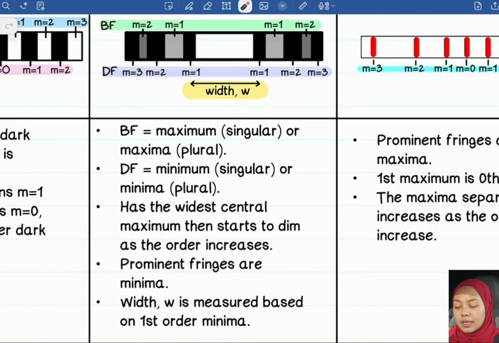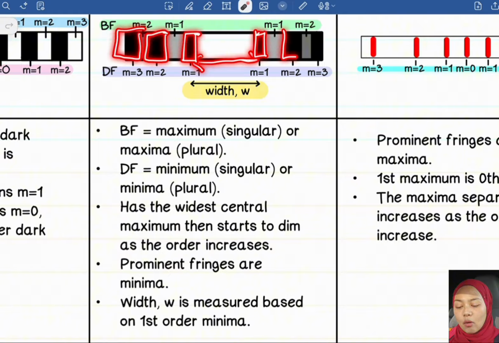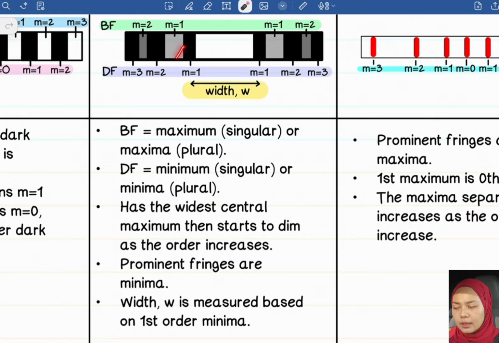You can see that we have the brightest width, but the prominent ones are the minima. It gets wider as the order increases. And you will also see the maxima getting dimmer and dimmer as the order increases. Most of the time, we only focus on the width and the first order, or maybe sometimes the second order, and that's all.